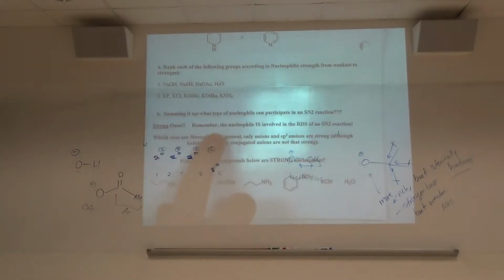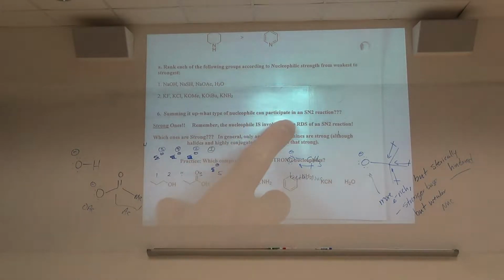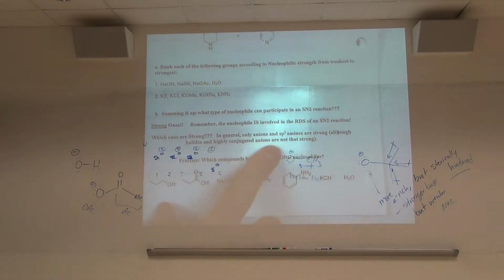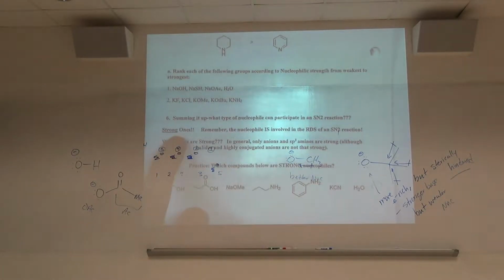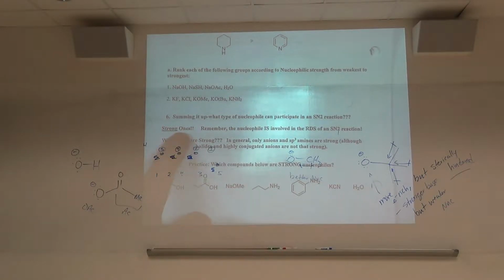Questions? Summing it up. What type of nucleophile can participate in an SN2 reaction? Here's your answer. I underline it. You might want to circle it and highlight it, and put a star beside it. Strong ones.